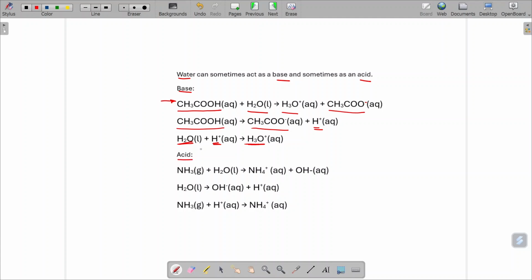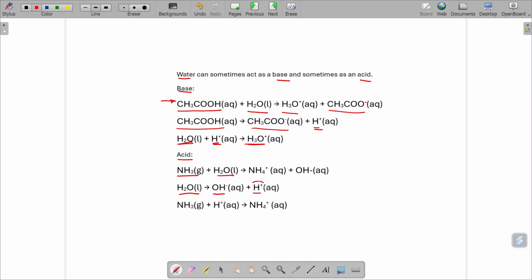Water can also act as an acid. So look at the example of ammonia dissolved in water. Water splits up into hydroxide and a proton. Again, water is a covalent molecule, so it ionizes, it forms ions to form hydroxide and hydronium ions.